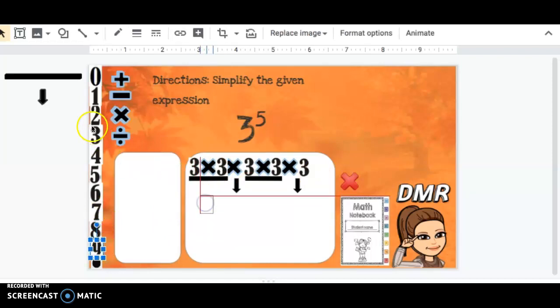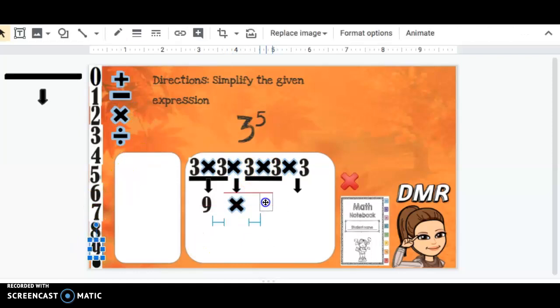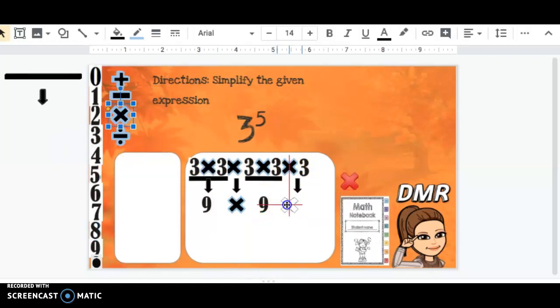So I'm going to put my 9 here, and an arrow to show that 3 times 3 is 9. Then that times sign comes down. 3 times 3 is 9. And then I have times 3 that I have to bring down still.